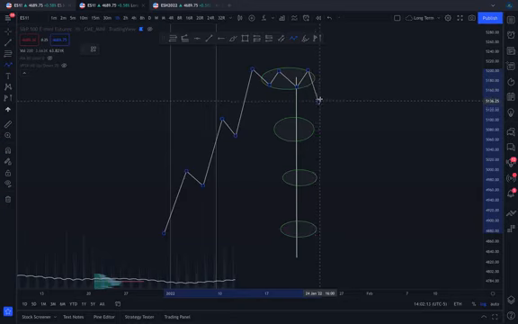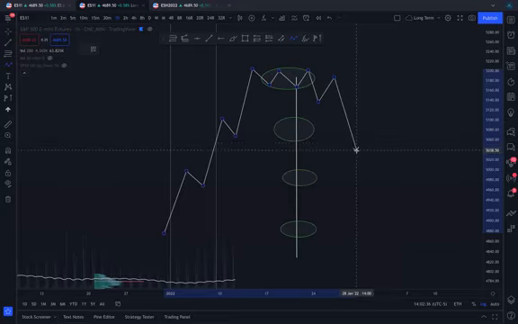A lot of times it'll come back up and retest it. And if it retests and doesn't come back through, a lot of times it'll hit almost exactly the high volume node, the point of control of this volume cluster. What we really want to see is for it to break through a previous volume cluster.